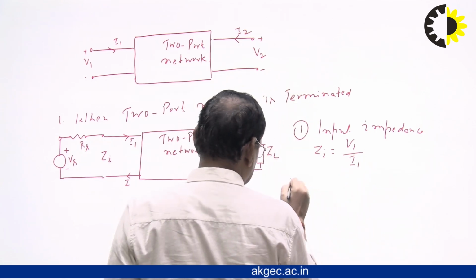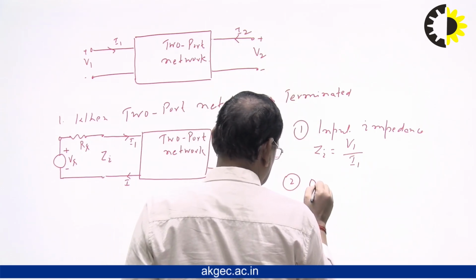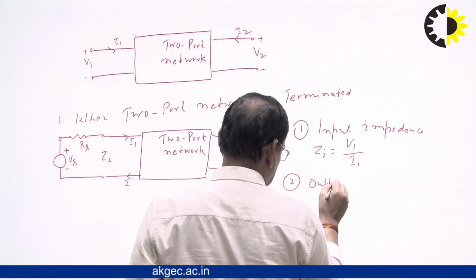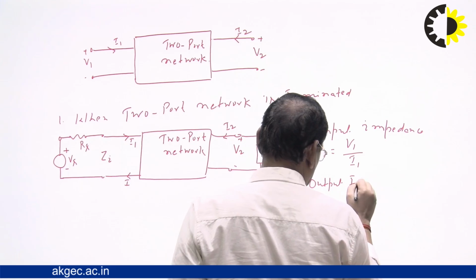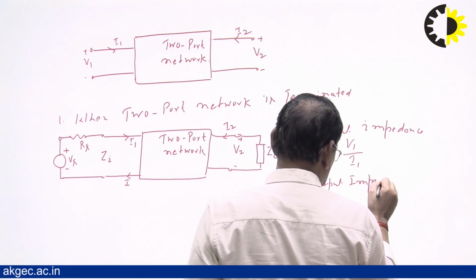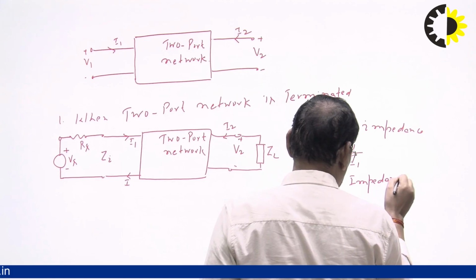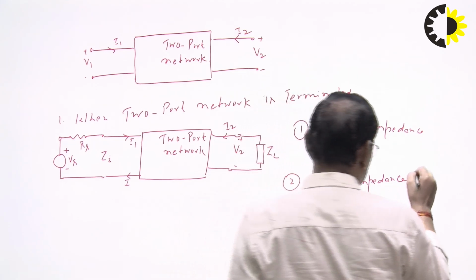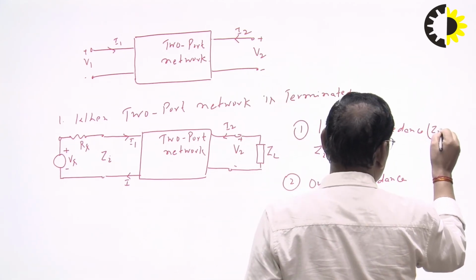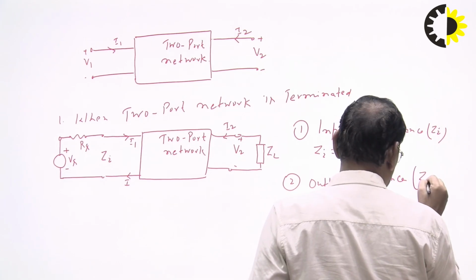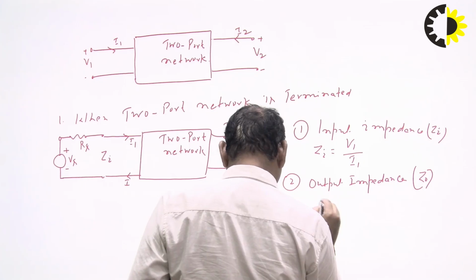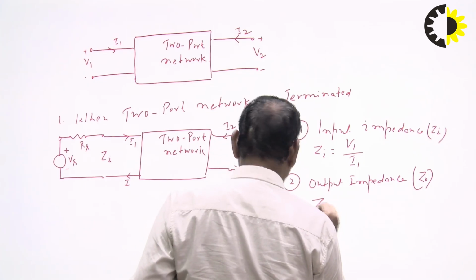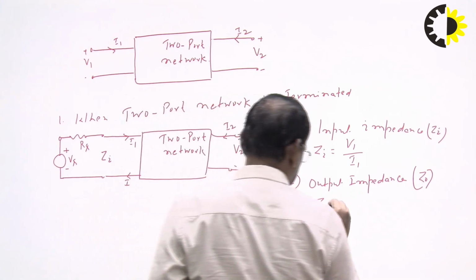Then the output impedance, say this is your Zi, this is your Z0. So Z0 is basically V2 upon I2.